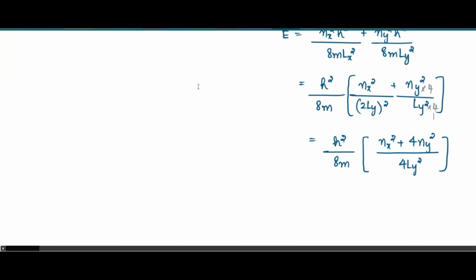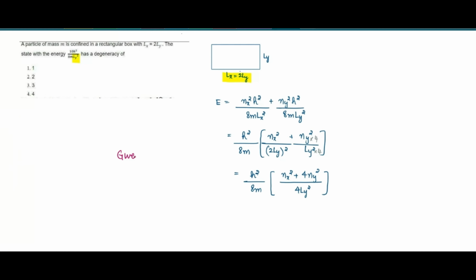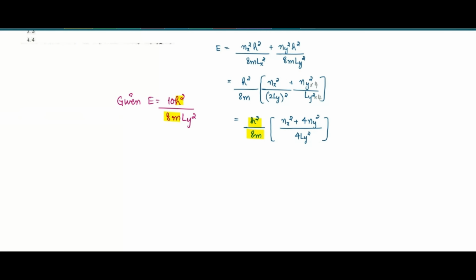Now in the question it is given that energy is equal to 10h square by 8mLy square. So h square by 8m is already there. If I compare the rest, what I have is 10 by Ly square equal to nx square plus 4ny square by 4Ly square.